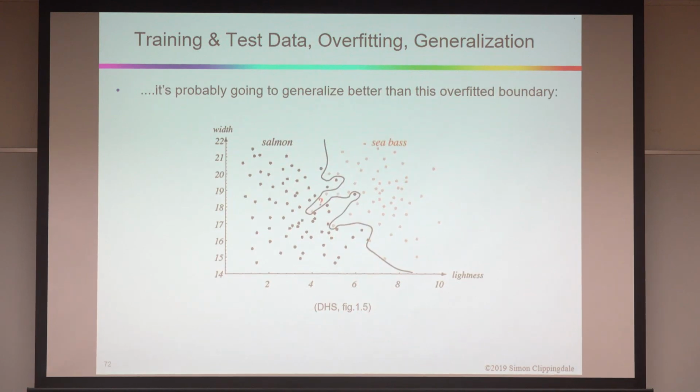So how about something like this? And yeah, this boundary does fit the training data better. In fact, it fits the training data very well. But again, because it's overfitted, if a new sample were to arrive where that question mark is, it's unlikely to be correct on average for positions of the new data. Okay.